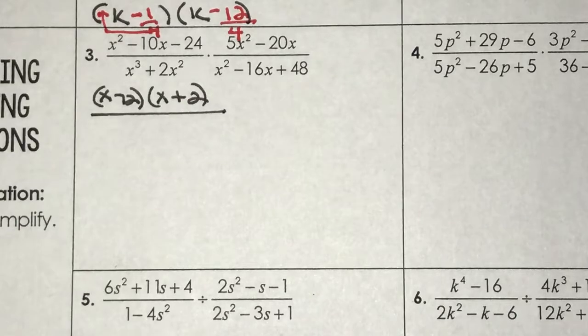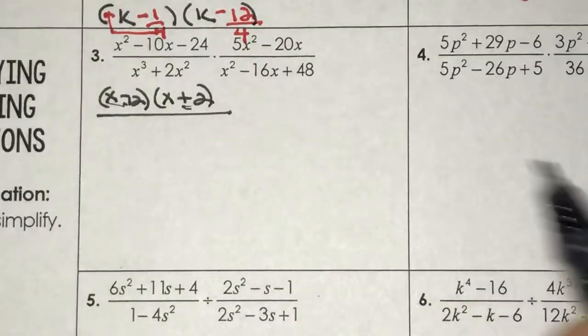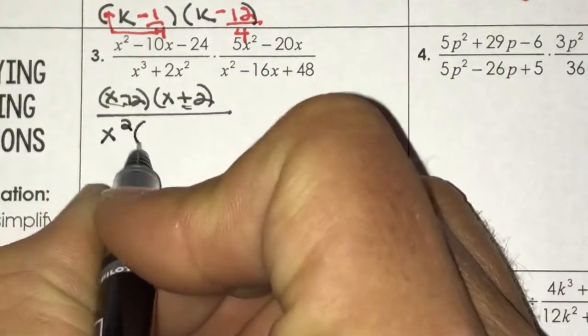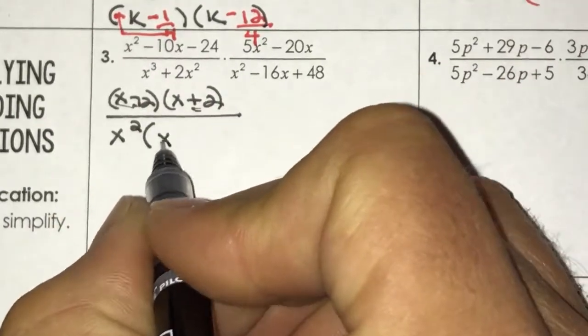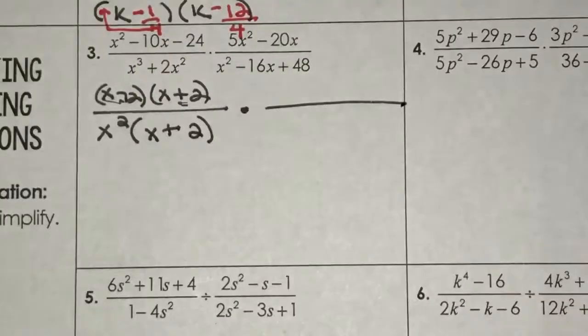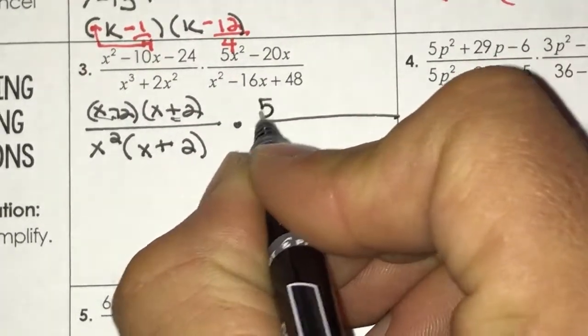And that's why it helps to write those out every time because you can actually check what your guess is. So that's x minus 12 times x plus 2. And then down on this, we just divide out the GCF, x squared. Up top here, we have a GCF of 5x.